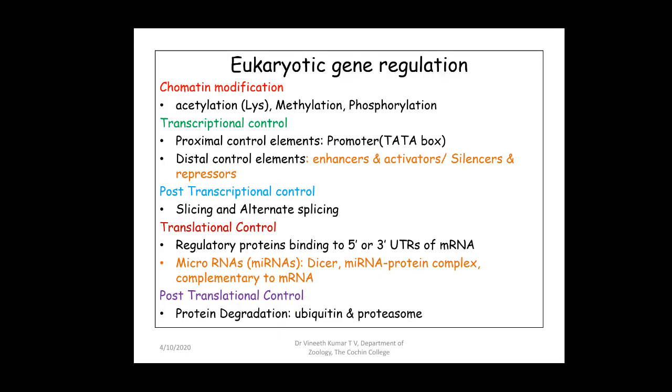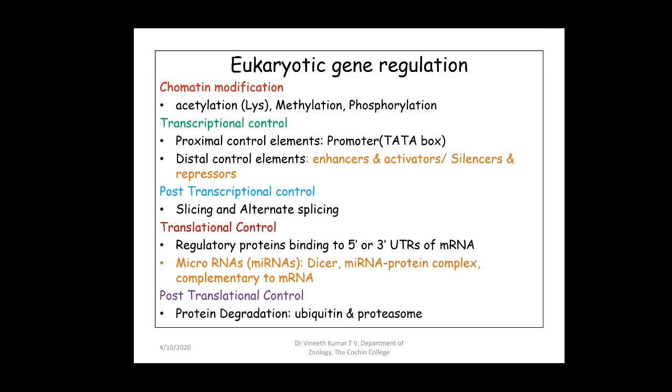Even though all these processes have happened, if the cell does not want that protein, it can be degraded. That is called post-translational control. So at these different levels in eukaryotes, a gene or the product of a gene can be regulated.